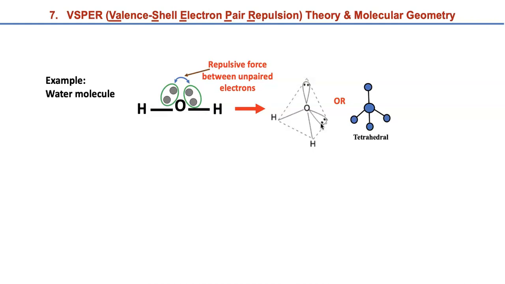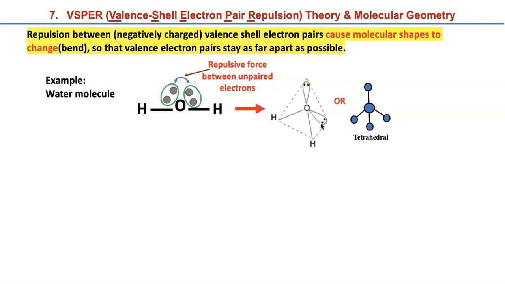This leads to a three-dimensional geometry called tetrahedral shape. So basically, VSEPR tells you that repulsion between valence shell electron pairs that are negative causes molecular shapes to change, bend, so that valence electron pairs can stay as far apart as possible.